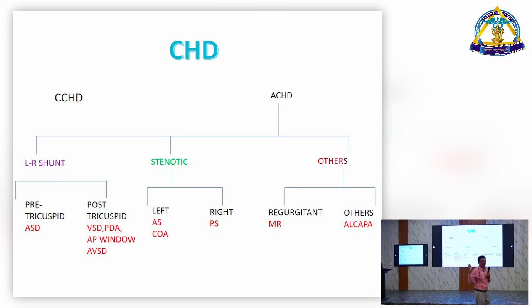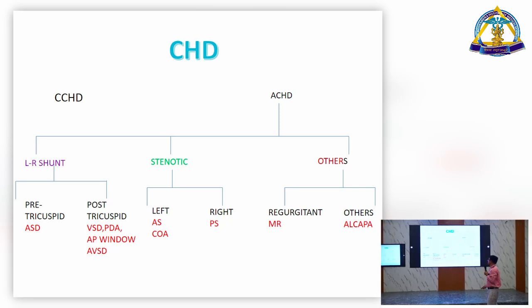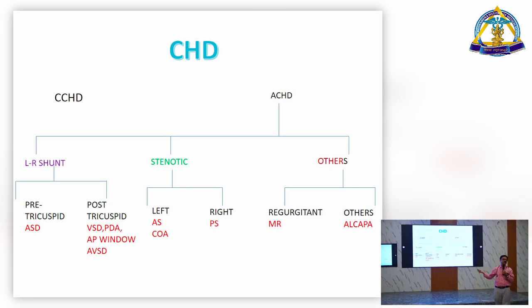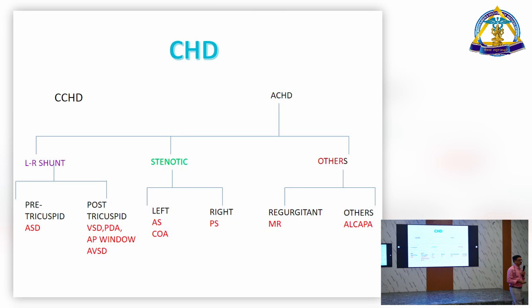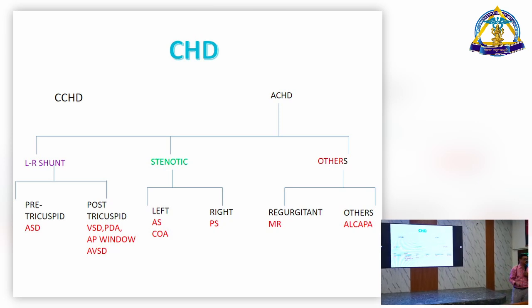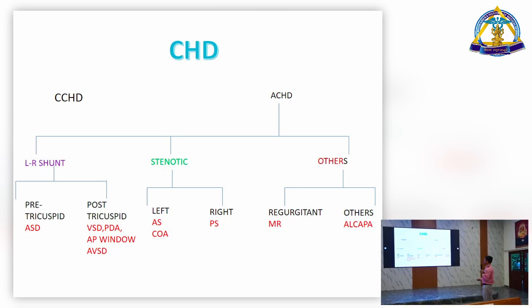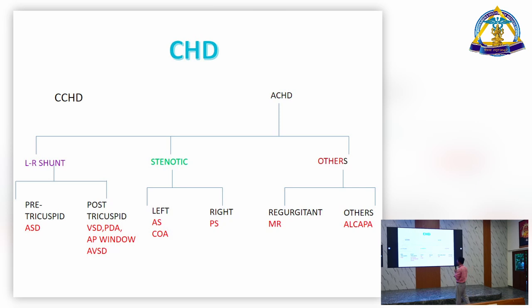See how we are classifying all these things. The shunt itself is pre-tricuspid and post-tricuspid. Pre-tricuspid is ASD. Post-tricuspid is VSD and PDA. Obstructive stenotic lesions are AS and coarctation, and on the right side pulmonary stenosis, and others are very rare conditions like congenital MR. Okay.